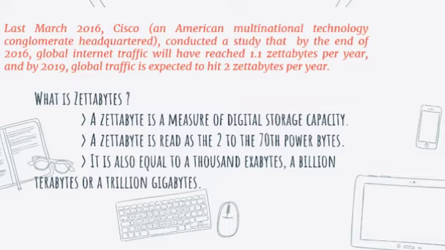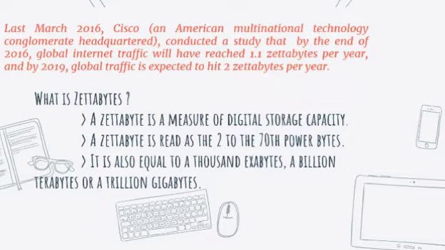Last March 2016, Cisco, an American multinational technology conglomerate, conducted a study that by the end of 2016, global internet traffic will have reached 1.1 zettabytes per year, and by 2019, global traffic is expected to hit 2 zettabytes per year.